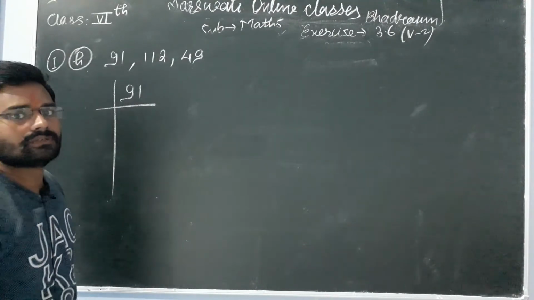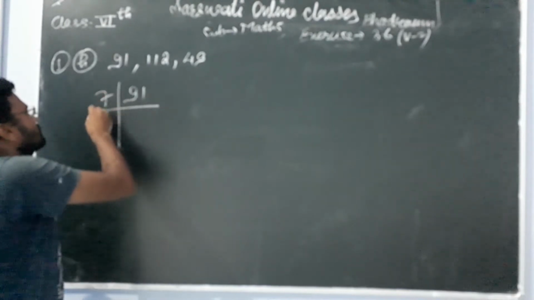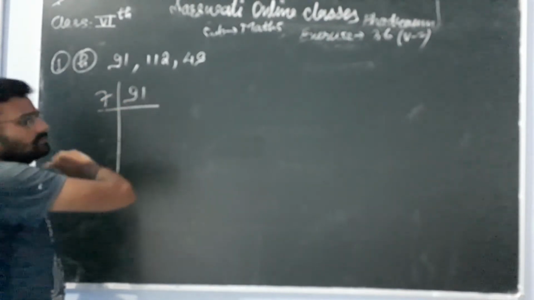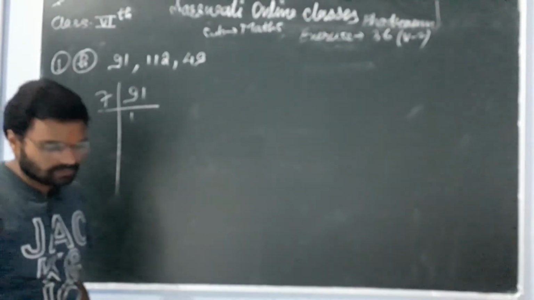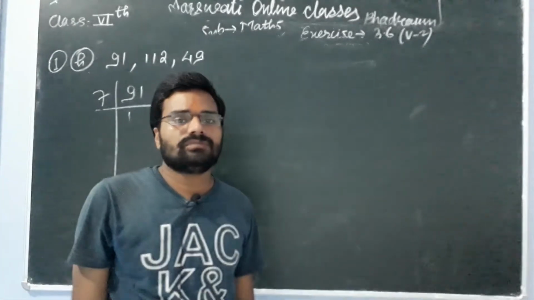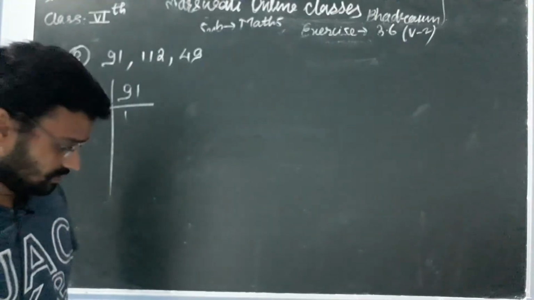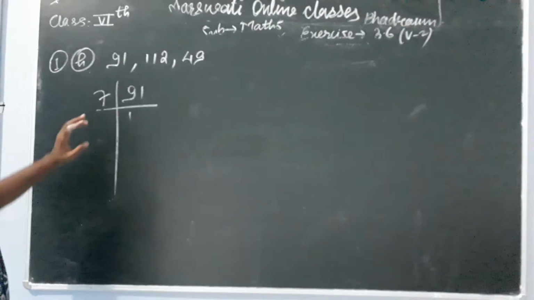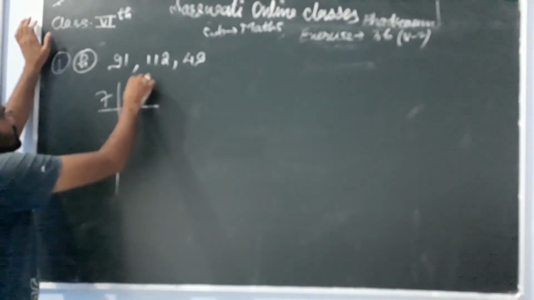Okay, so we will divide it by 13, or if we divide it by 7, then it will be divisible by 7. 7 1s are 7, and because no divisibility rule is there for 7, we have to check manually, so I am just checking. Okay, and what you will get is 7 1s are 7, so we are left with 2.